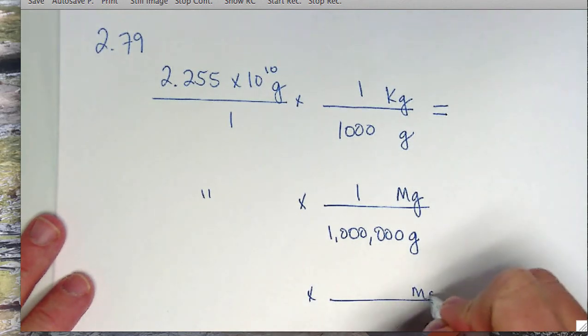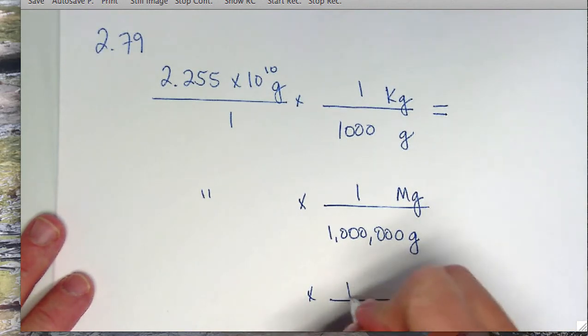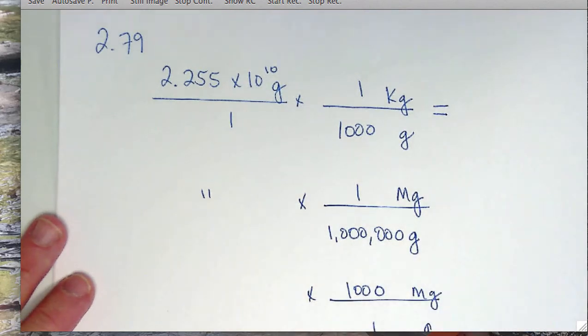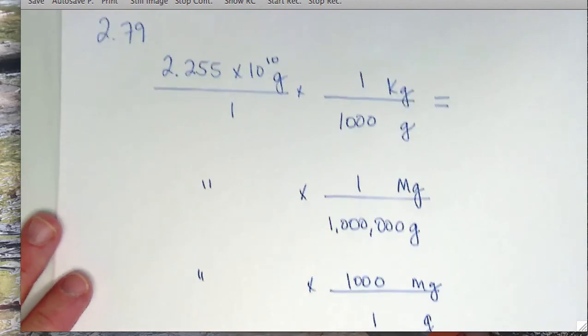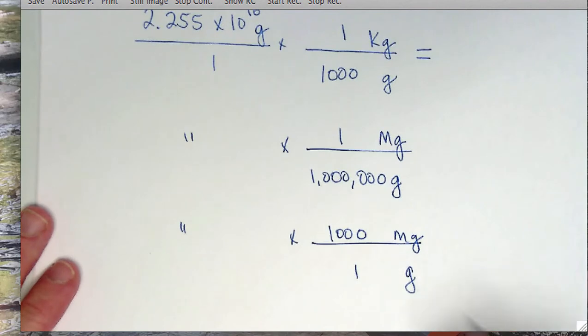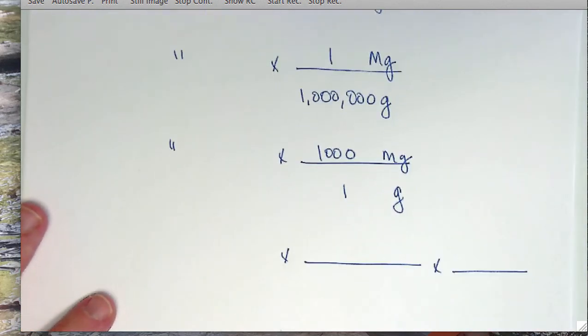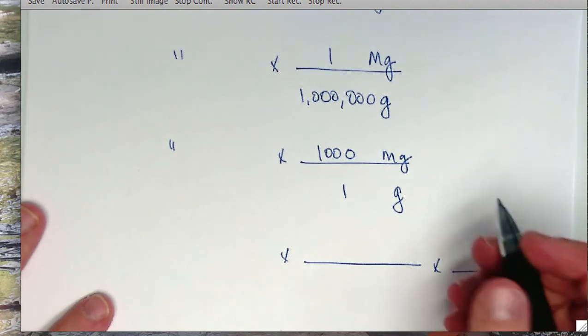Milligrams: grams to milligrams. 1 gram, 1,000 milligrams. And then lastly, metric ton. So that would be 2 steps.